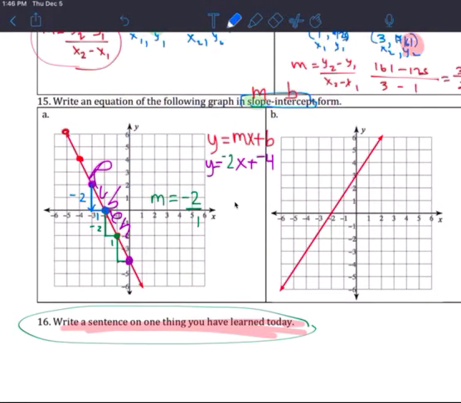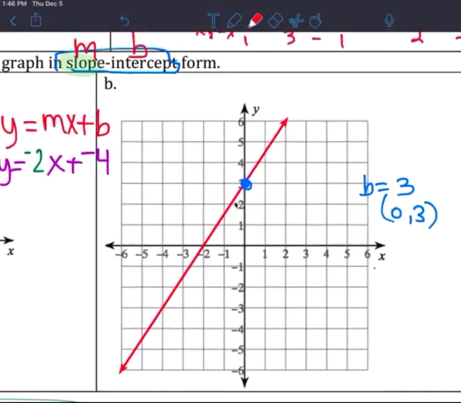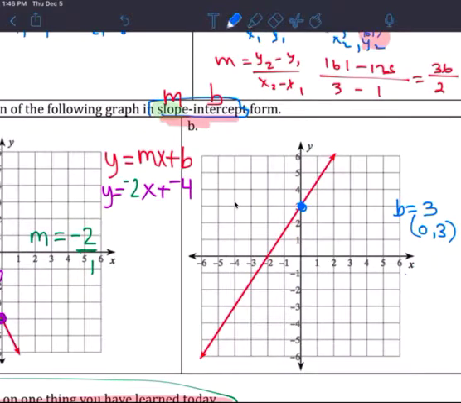Okay, y-intercept, B. So B is 3, 0, 3. And then remember slope-intercept form. Slope is y equals mx plus b.